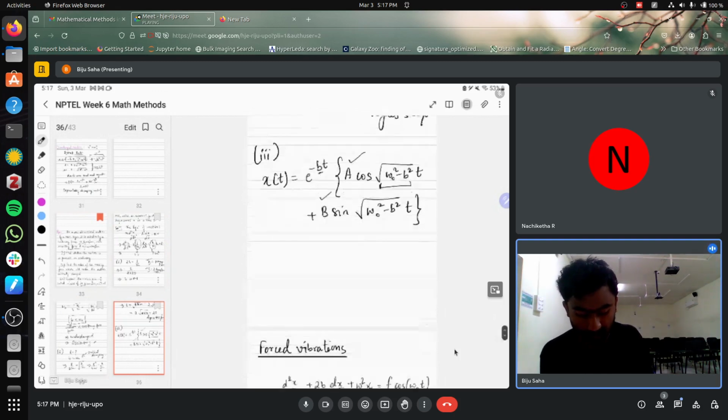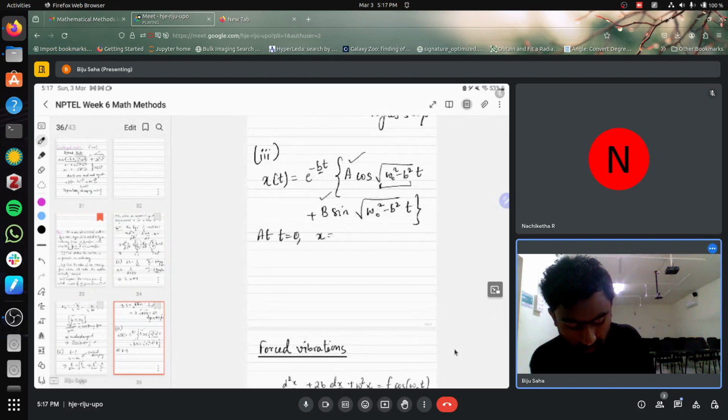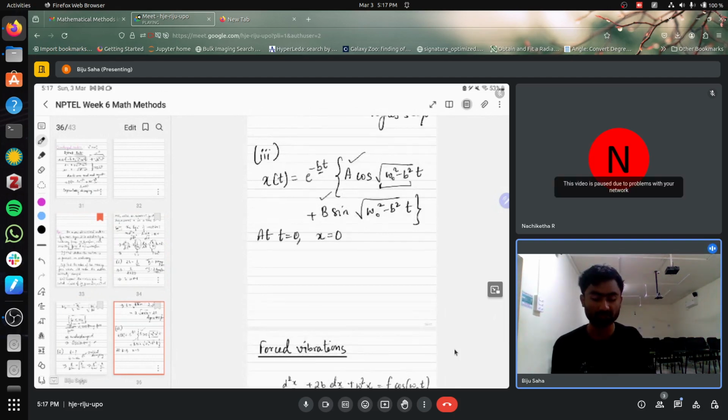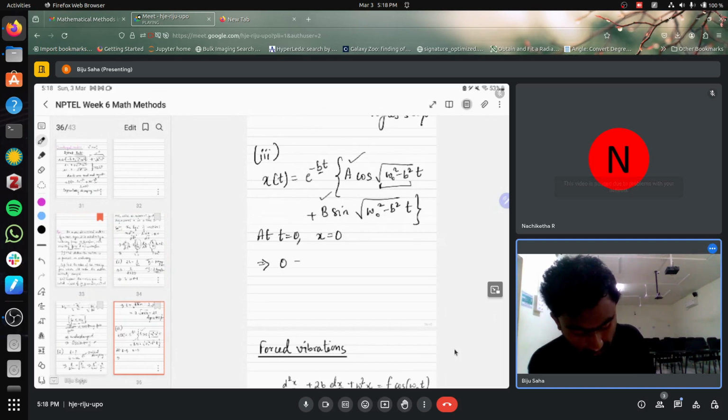First of all, at time t equal to 0 the mass was at the origin. So if you put t equal to 0 everywhere, what you get is A equal to 0.